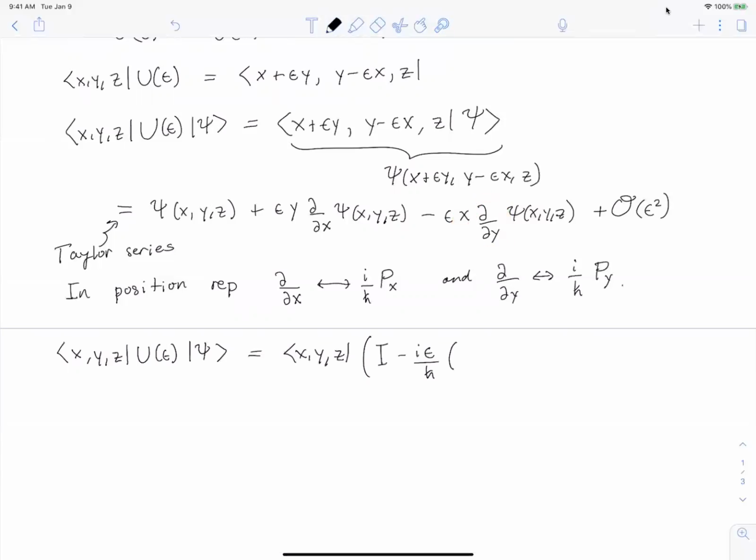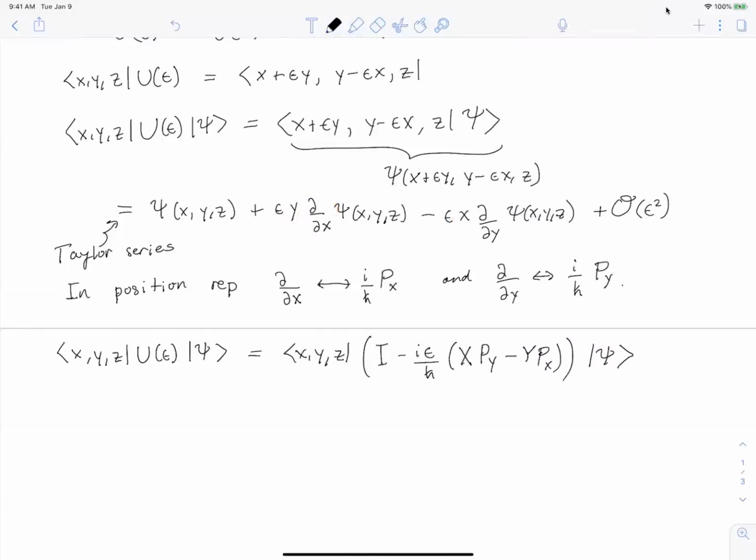So this is x p sub y. And then the opposite thing happens here. This becomes the operator y, and up to the factors of i h bar, this becomes a p sub x. So when I get all the minus signs and h bar straight, this is minus y p sub x here. And we're dropping order epsilon squared times psi.